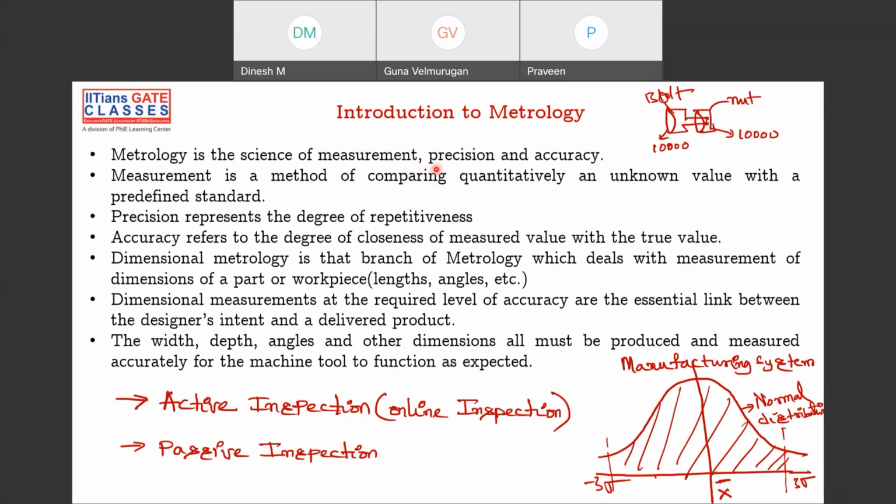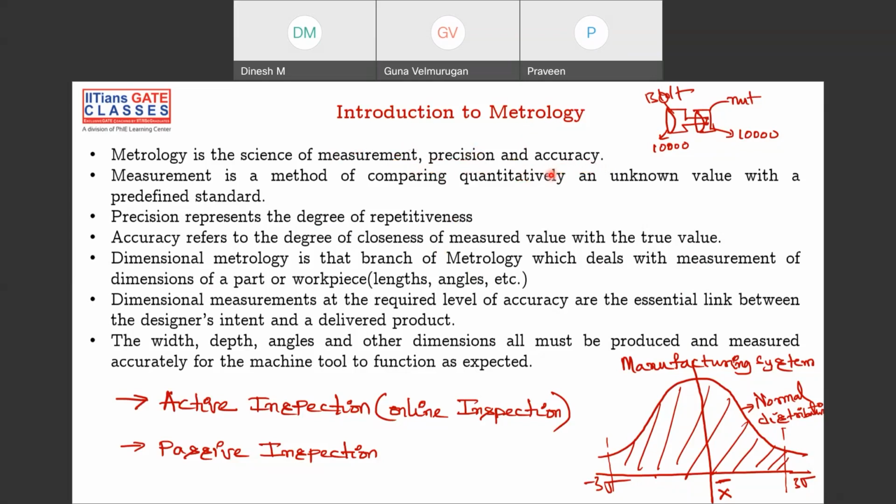And now precision and accuracy belong to the specific workpiece. If the workpiece is precise, then it means something. If the workpiece is accurate, then it means something. So there is a good difference between precision and accuracy. That's what we are going to discuss.